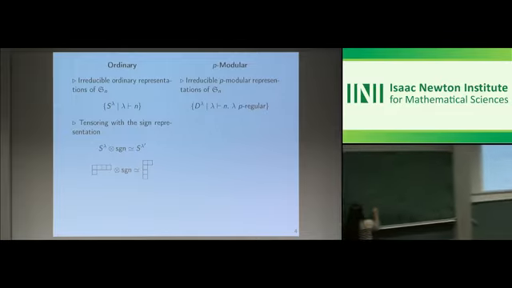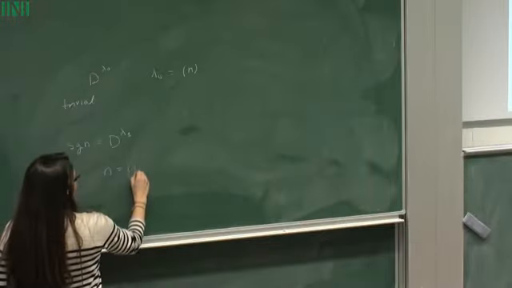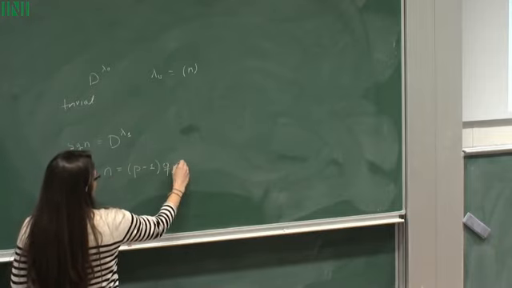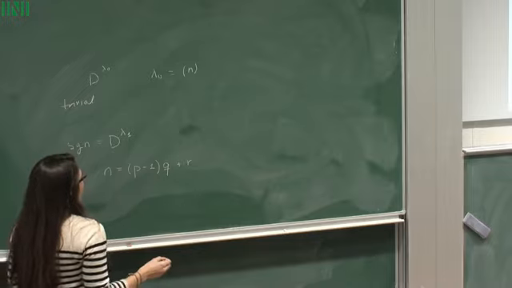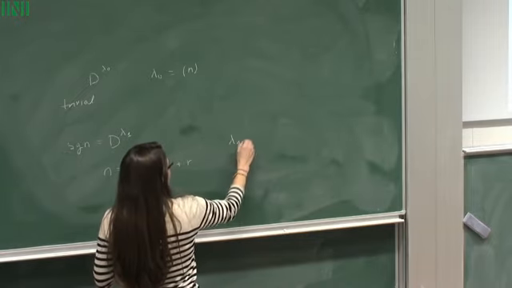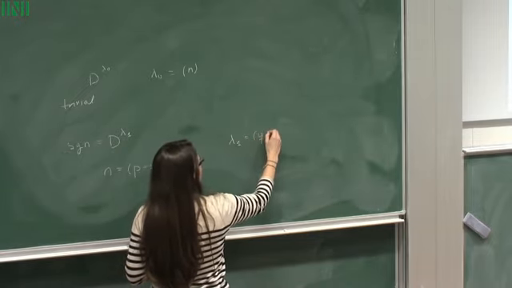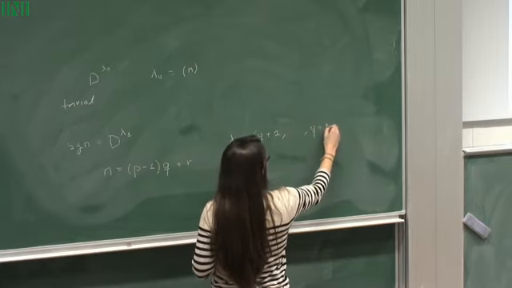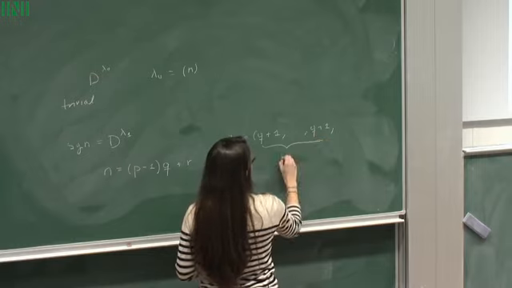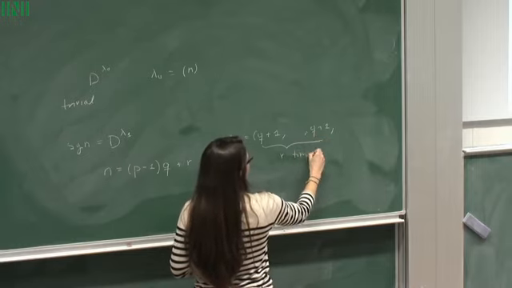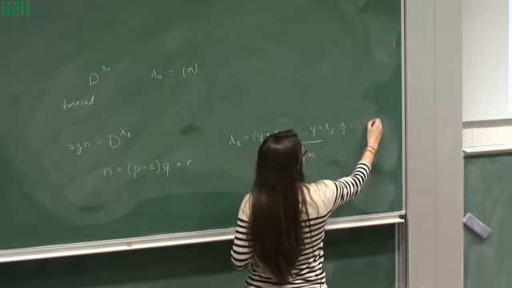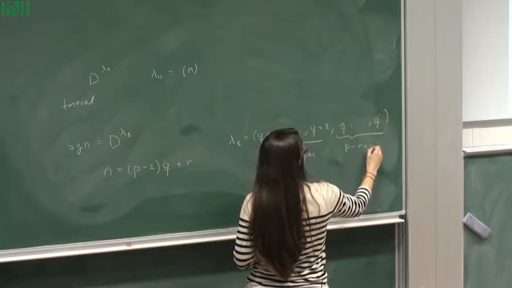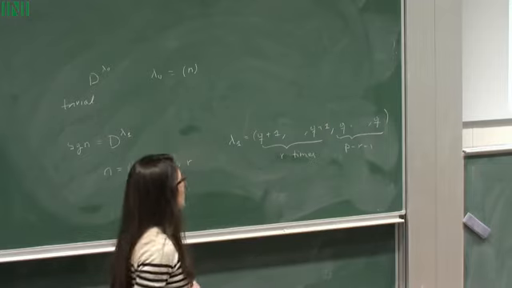I have to write n, divide n by p minus 1, and do Euclidean division, n equals q times (p minus 1) plus r. The partition lambda 1 is the partition with q plus 1 repeated r times, and then only q's, p minus r minus 1 times.